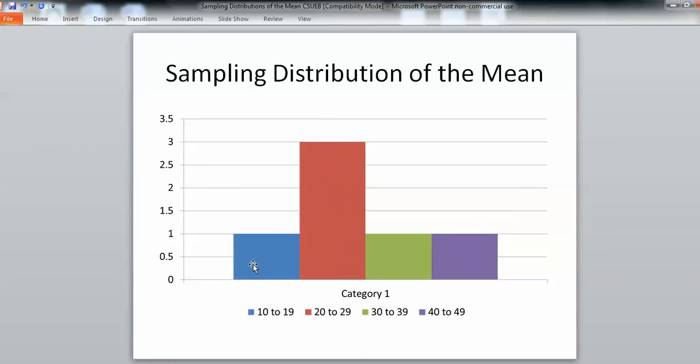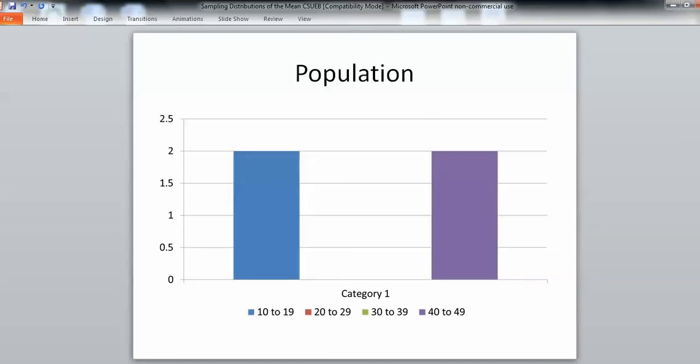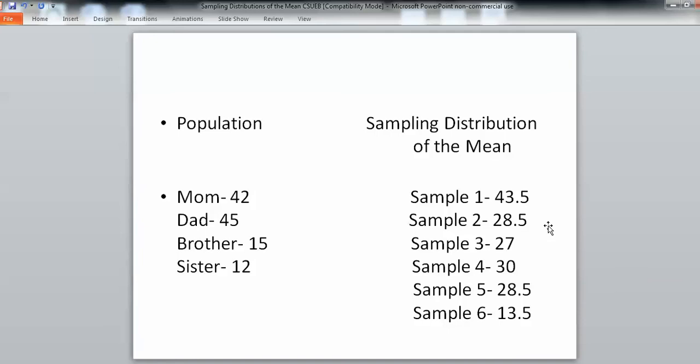because we had 1 sample that had a mean between 10 and 19. We had 3 possible samples that had means between 20 and 29. We can see that back here. Sample 2 was 28.5. Sample 5 was 28.5. And sample 3 was 27. So 3 samples had a mean in the 20s.